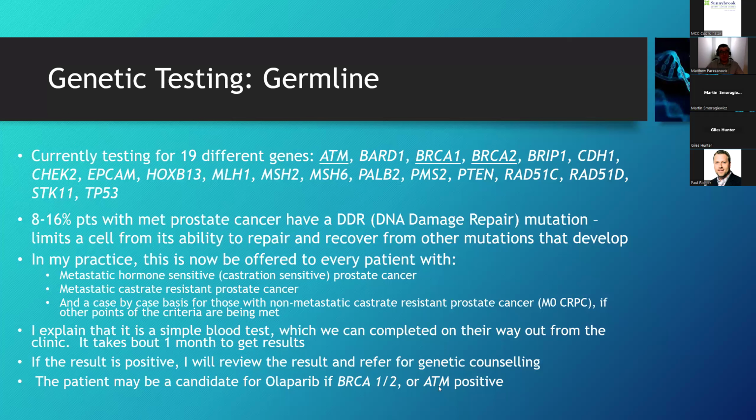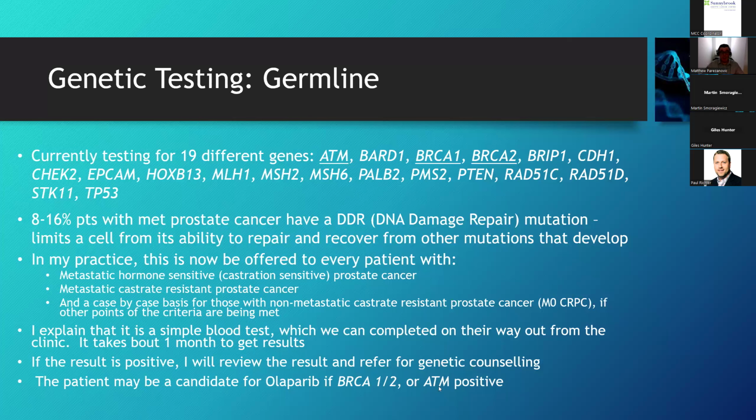In my practice, this is now being offered to every patient with metastatic hormone-sensitive prostate cancer and castrate-resistant prostate cancer, and then on a case-by-case basis for those M0 men, we would have to follow up and make sure they meet other criteria that CCO's outlined. I explain that this is a simple blood test that can be completed on their way out from our clinic, and we've been getting results back within about a month to 6 weeks, I'd say.